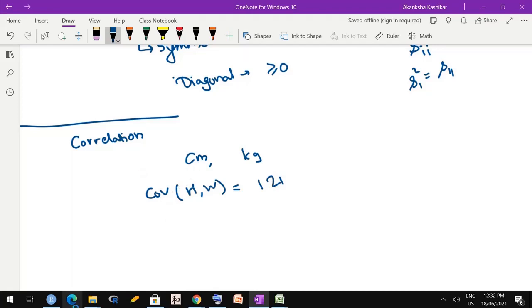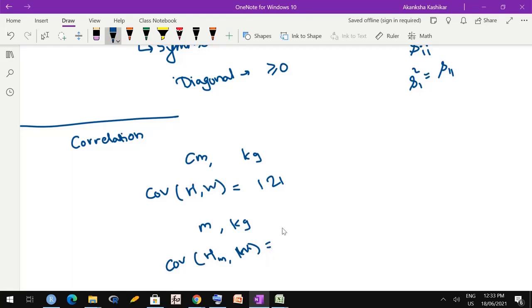Now I give the exact same data set, same observations, to another person, and I ask him, please convert heights into meters before you compute the covariance. So now height is in meters and weight is still in kilograms.